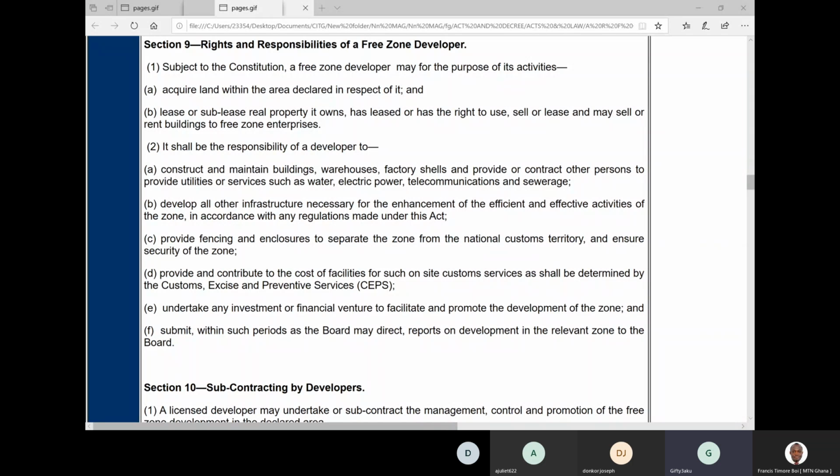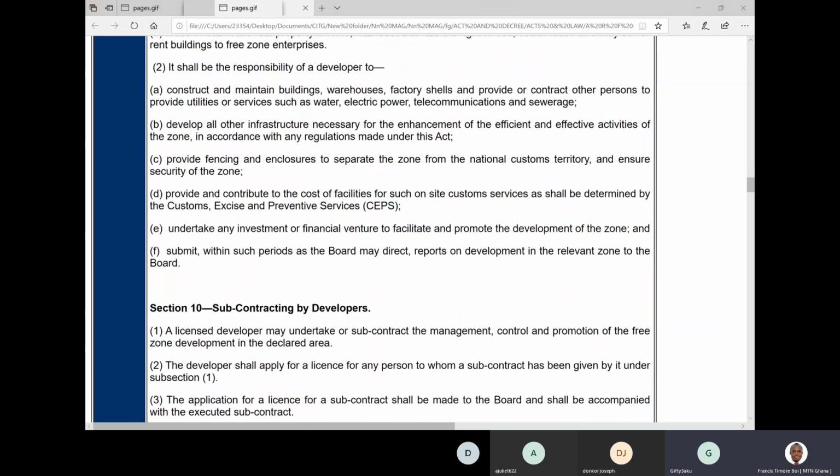The developer shall apply for a license for a person to whom a subcontract has been given by it under subsection 1. 3. The application for a license for a subcontract shall be made to the authority and shall be accompanied with the executed subcontract.